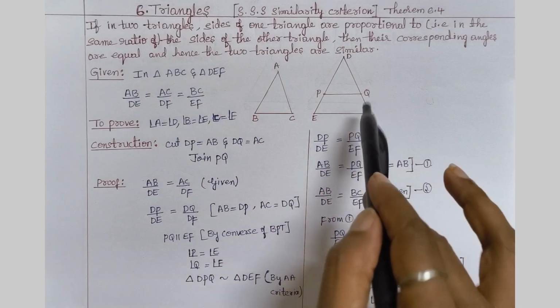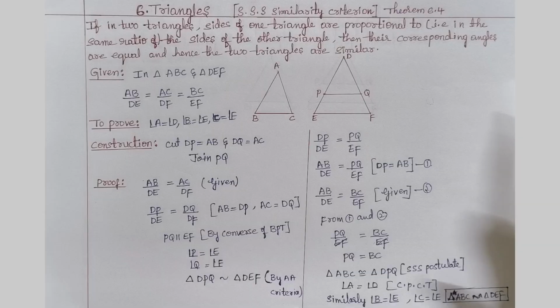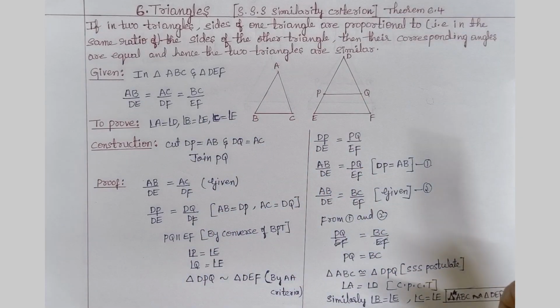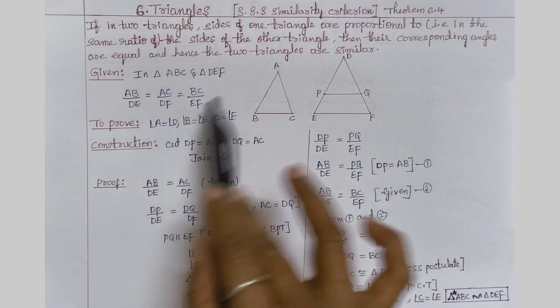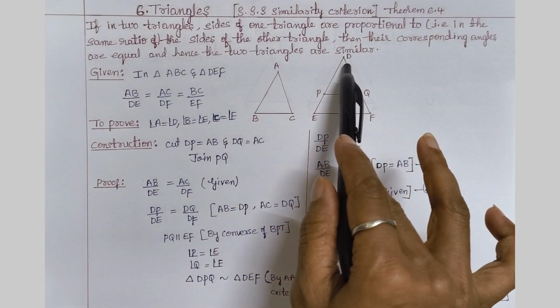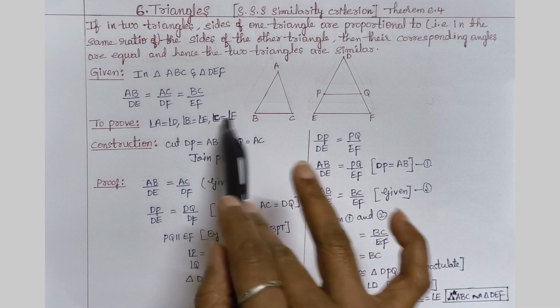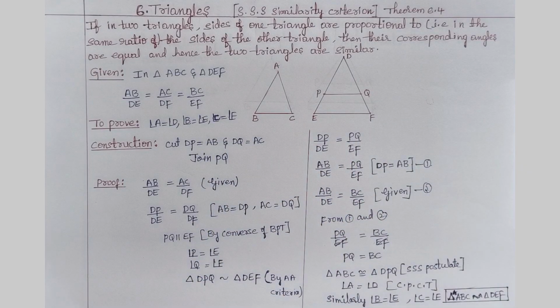Next, what we have to prove: the angles are equal. Angle A equals angle D, angle B equals angle E, angle C equals angle F.